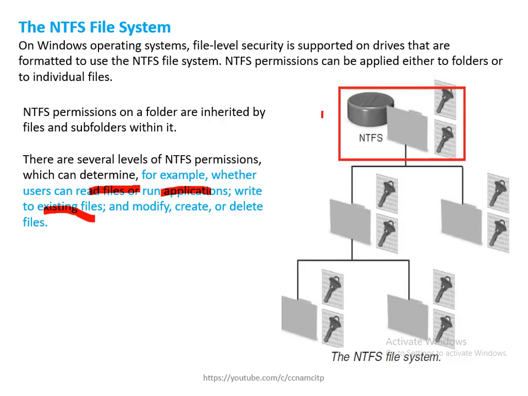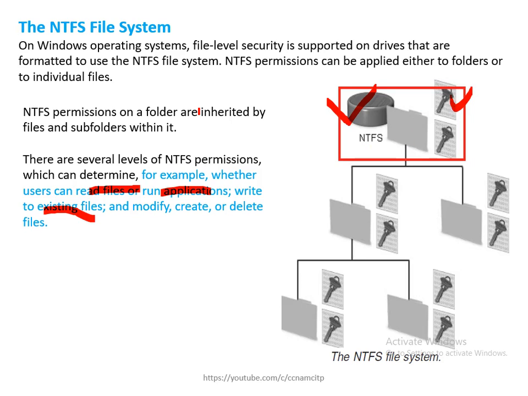I have a hard disk, this one, and I formatted this hard disk with the NTFS file system. So now I can assign multiple layers of security on this, like NTFS permissions, to this particular file. For example, this is one text file, and this is a folder. I have the option to assign permissions to this text file itself or this folder itself.